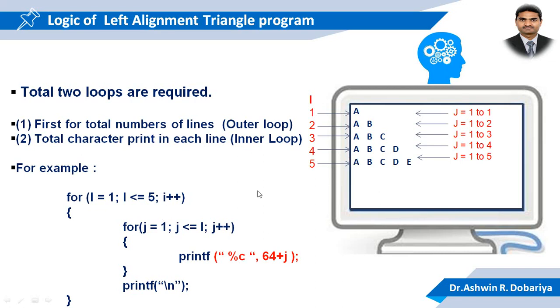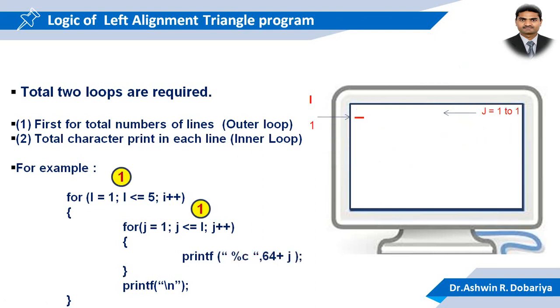Let me discuss it one by one within a short time. First, when i is equal to 1, the condition i less than or equal to 5 is true. When we execute our program, the cursor blinks at the top left corner, and first j becomes 1. This loop will execute only one time because the outer loop is 1.